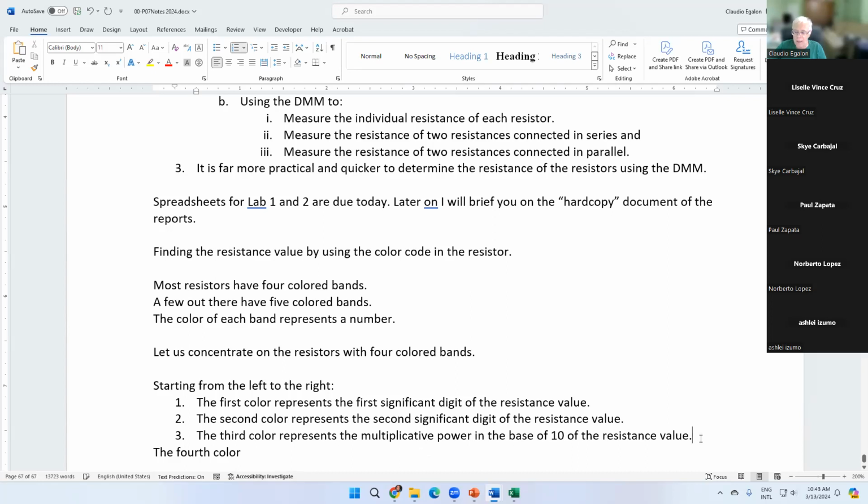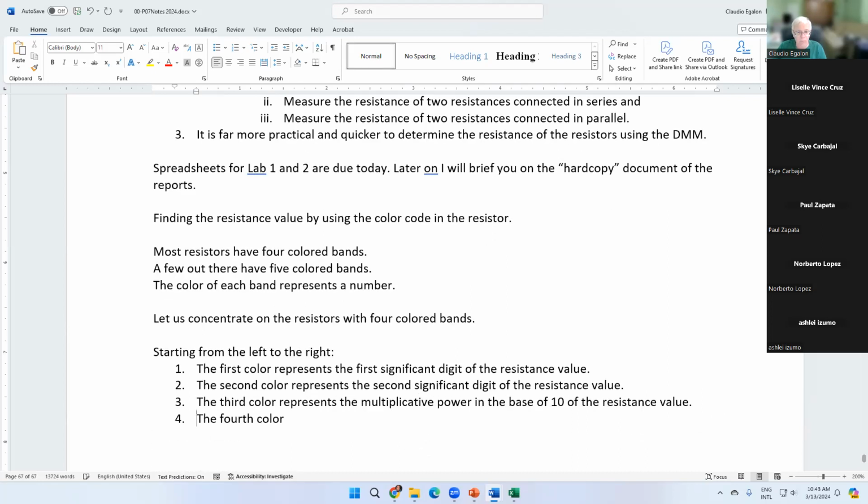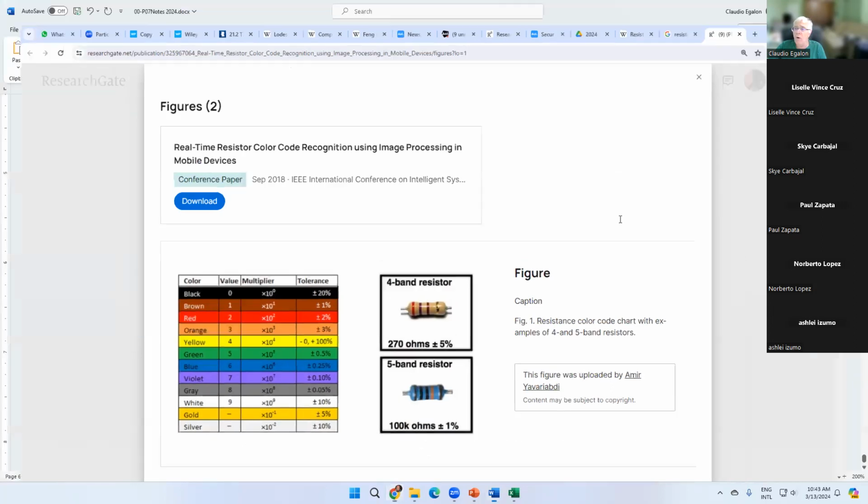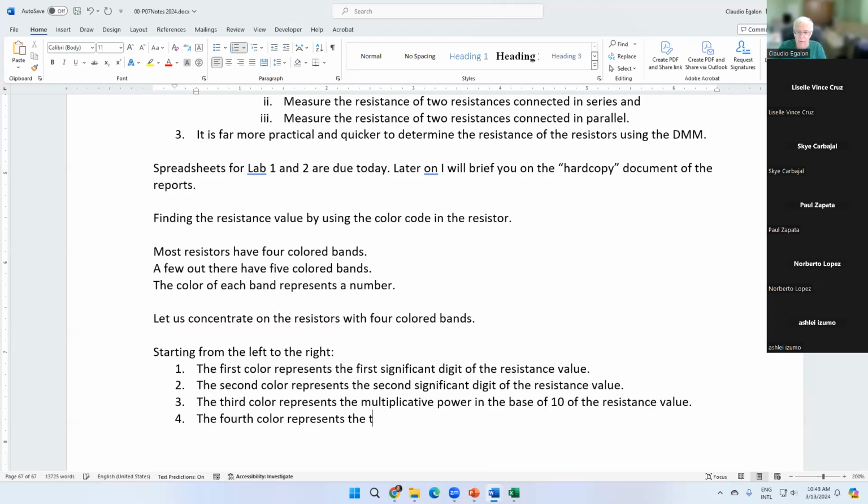And the fourth color code, what does it represent? The tolerance value of the resistor. Each of those colors has a numeric significance. What does the tolerance of the resistor mean?